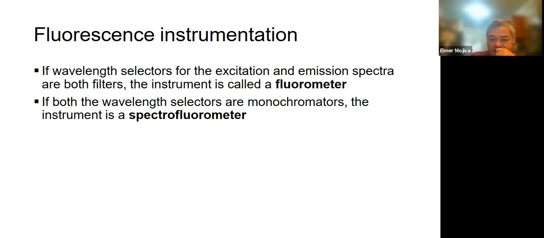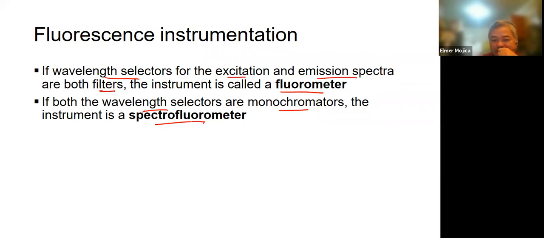Okay, so there are terms that are usually used for this instrumentation in fluorescence. So sabi nila, if the wavelength selectors for the excitation and emission spectra are both filters, we call the instrument a fluorimeter. Okay, but if both the wavelength selectors are monochromators, then we have a spectrofluorimeter. So this is the difference.